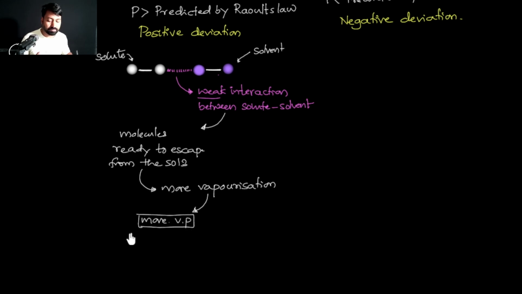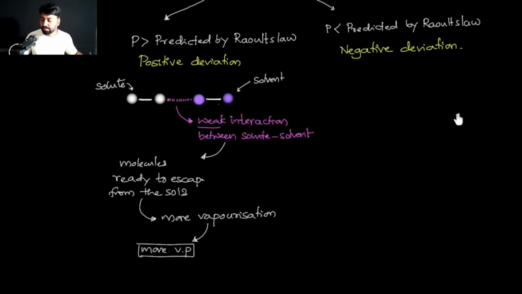Let's go and understand negative deviation. Negative deviation means the pressure measured in the laboratory is less than the pressure calculated by Raoult's law. Why is it happening? Let me take an example.